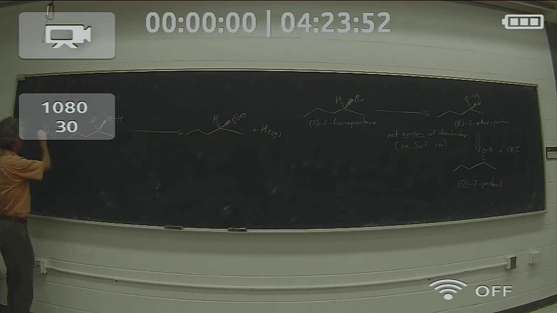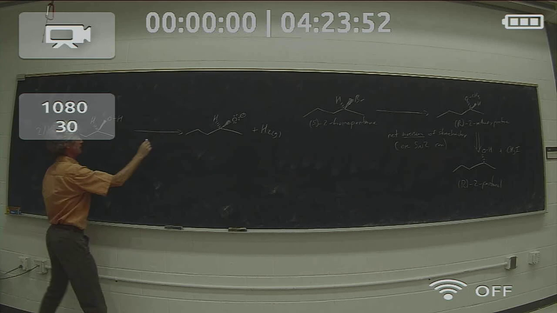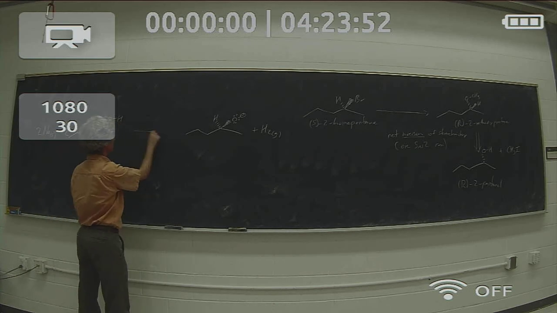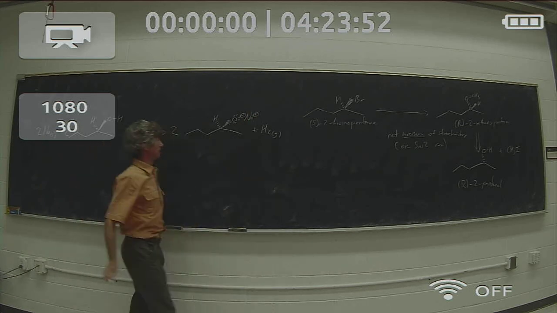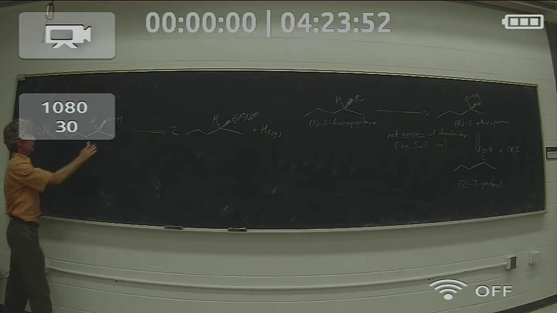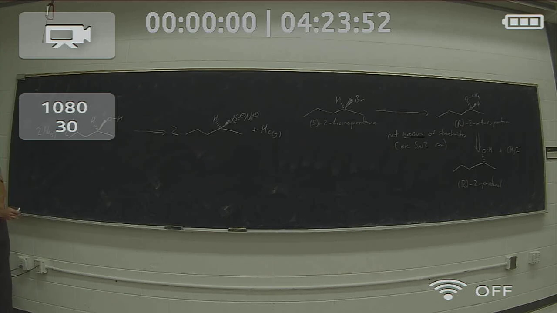And if we put coefficients of 2 in front of each of these, and put our counter ion in there, 2 hydrogens will come off to form H2 gas. The sodium will donate its electron to the oxygen to make an alkoxide ion at the same time as it becomes the sodium ion.